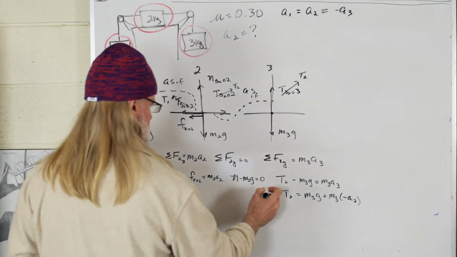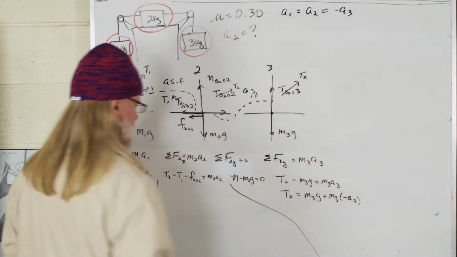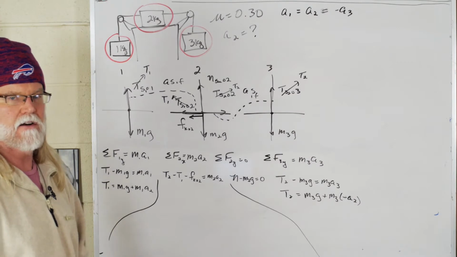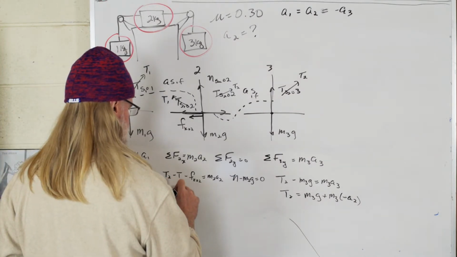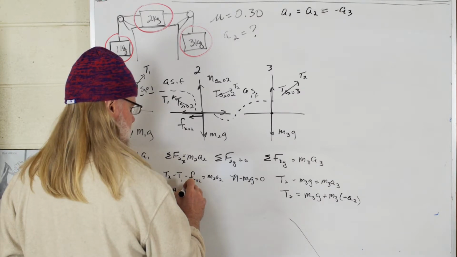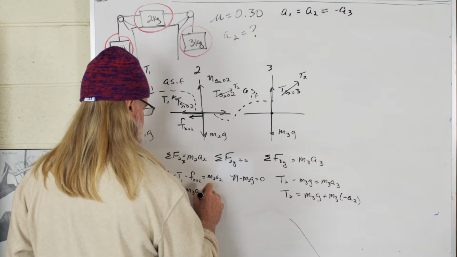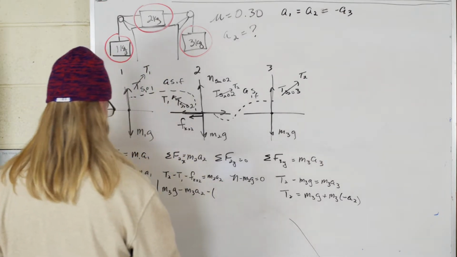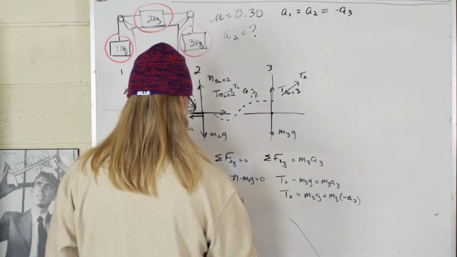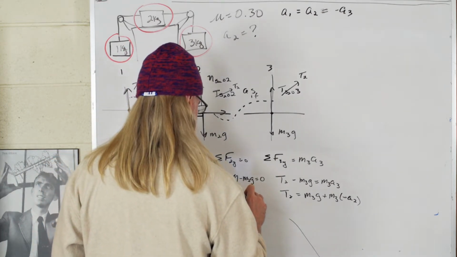We're going to spread this out like that because we're going to do all the work in here at this point. M3G minus M3A2 minus the whole quantity of T1, which is M1G plus M1A2.